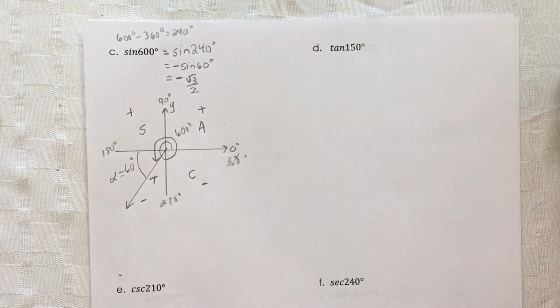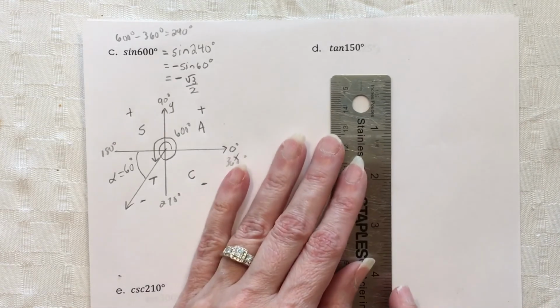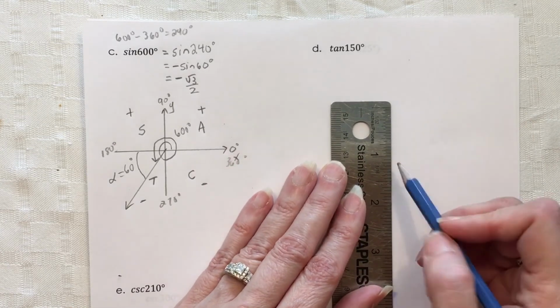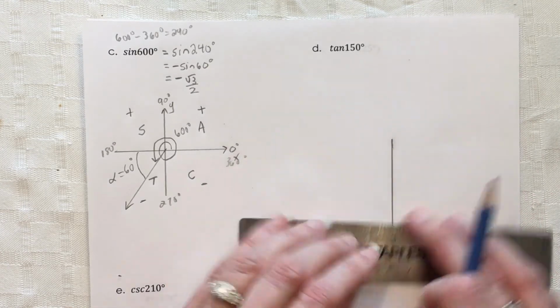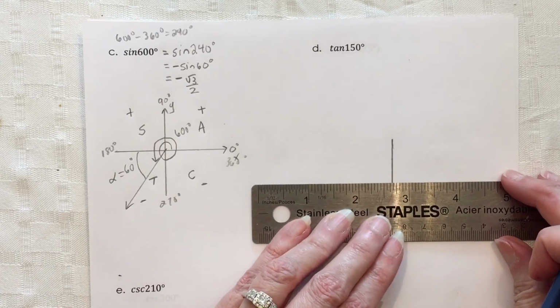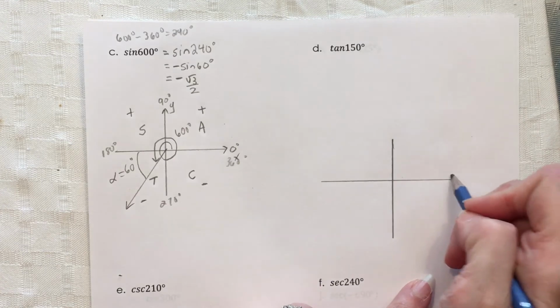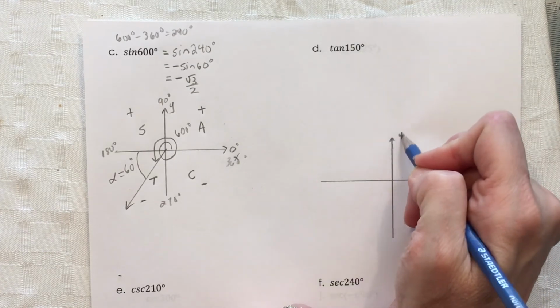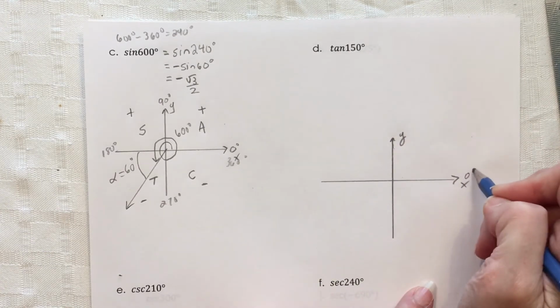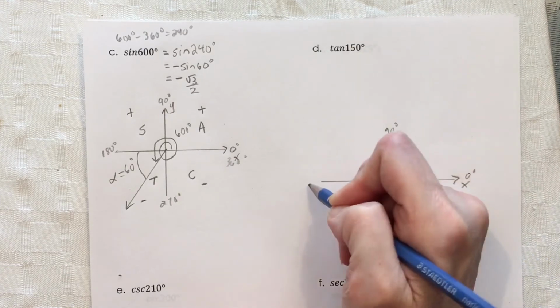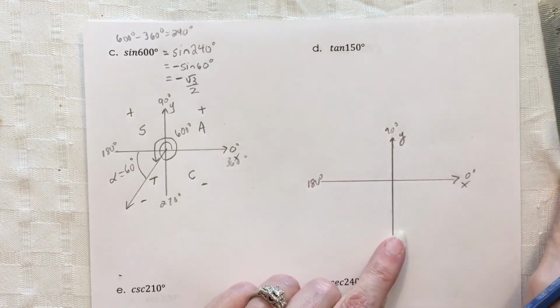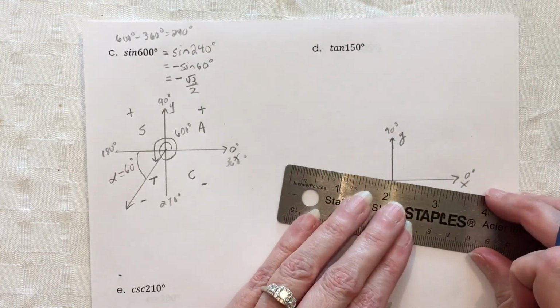Okay. Tan of 150. So 150, this is 0, 90, 180. So 150 is going to be closer to the x-axis.